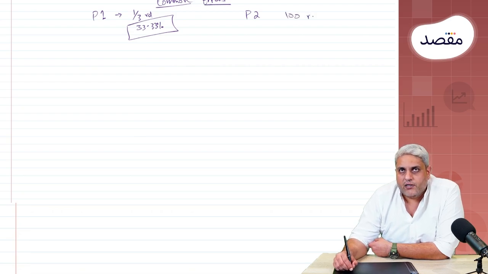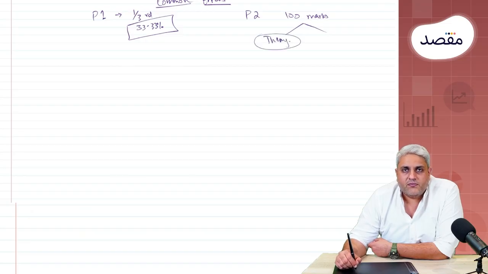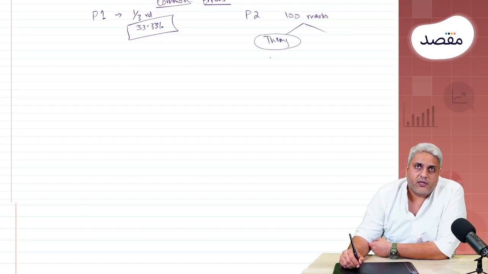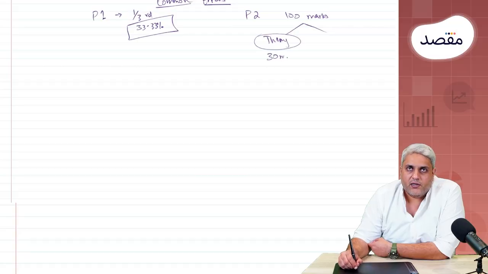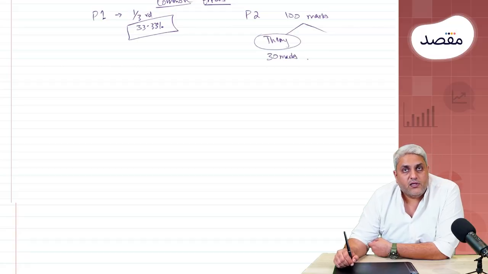Out of 100 marks, हम कहते हैं सर थ्योरी को इग्नोर करते थे, but generally theory is for approximately 30 marks. This is again a common error.